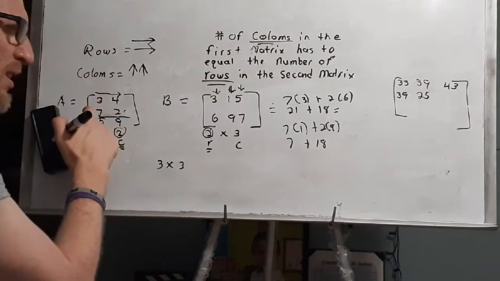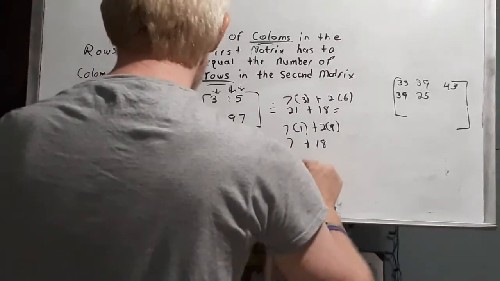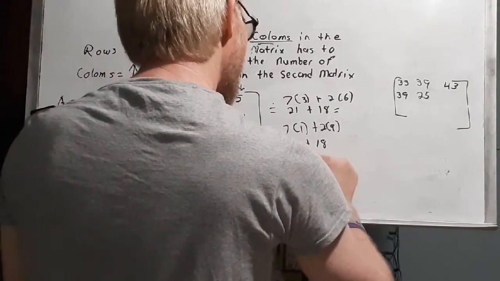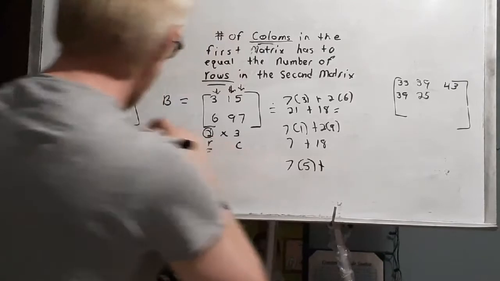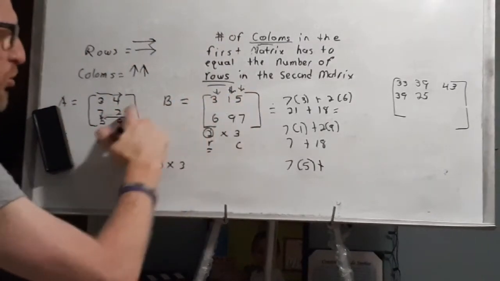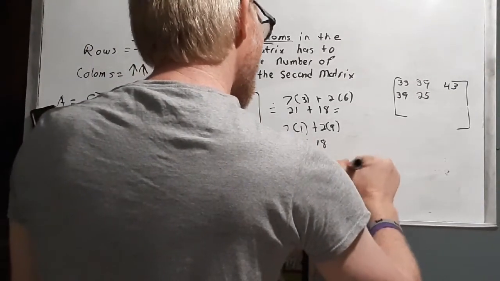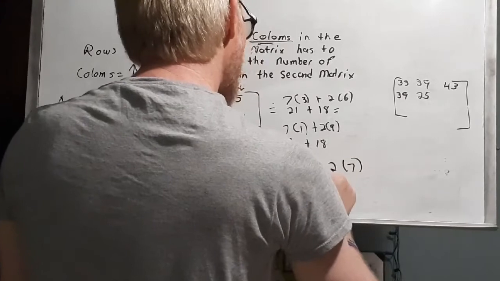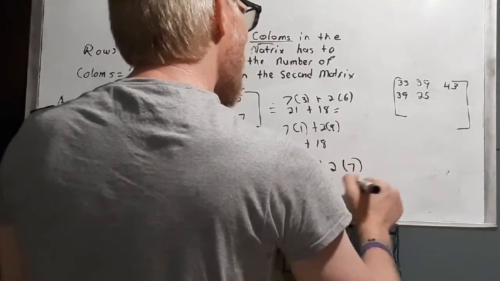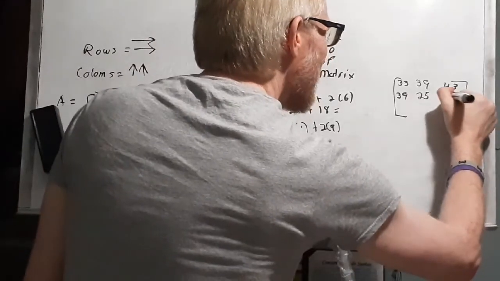7 plus 18 is 25. And again, rows and columns. 7 times 5 plus 2 times 7. 7 times 5 is 35, 2 times 7 is 14, and 35 plus 14 is 49.